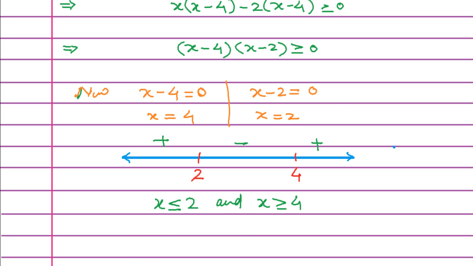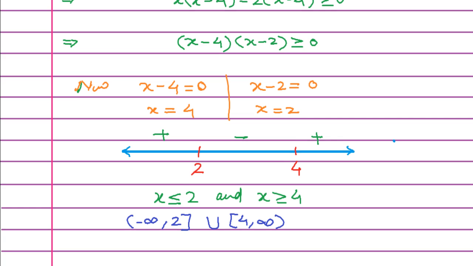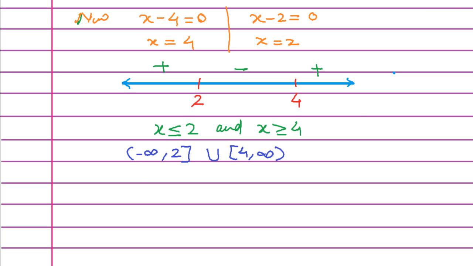In interval form, it is minus infinity to 2 union 4 to infinity. So this is the domain of this function. We have got minus infinity to 2 and 4 to infinity. This is the domain.